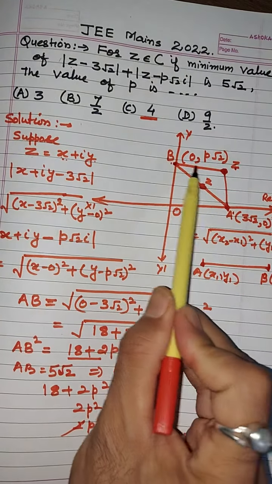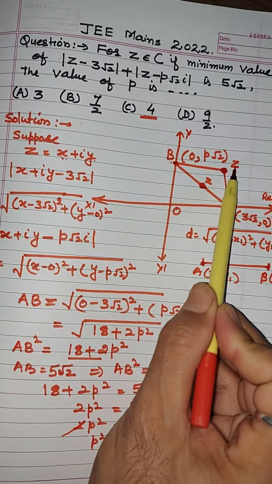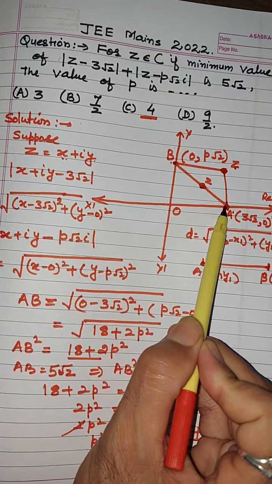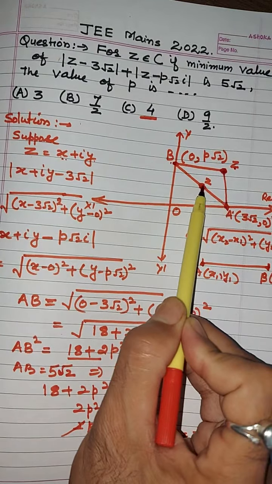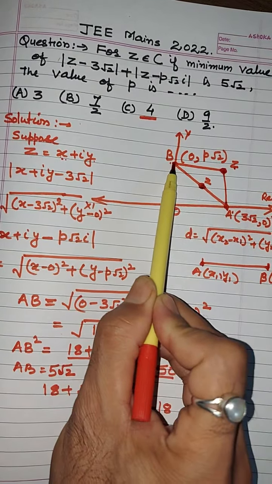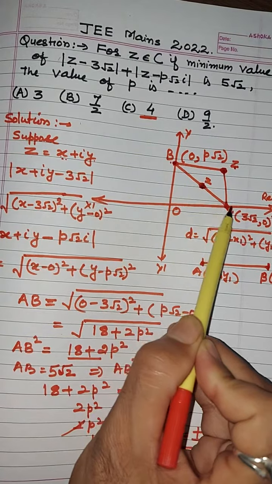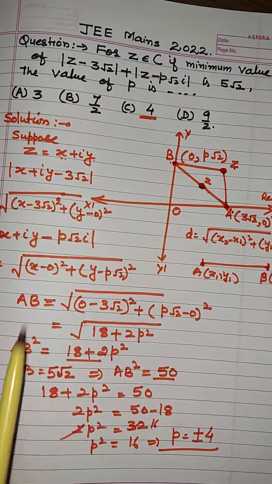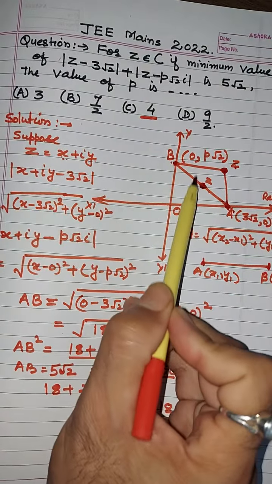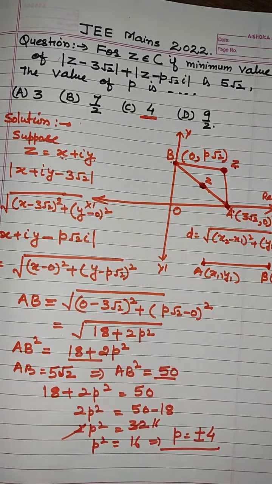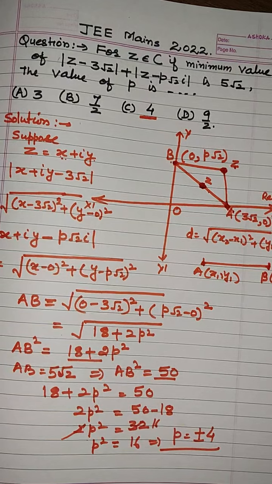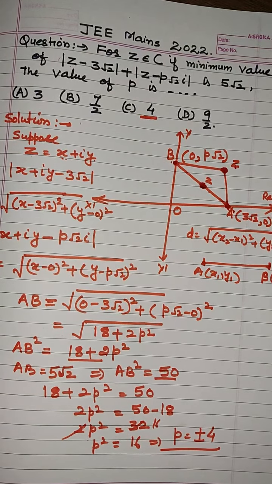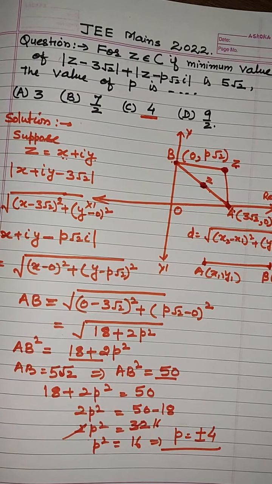And we know that the sum of two sides of a triangle is always greater than the third side. If this point lies on this line, then ZA plus ZB will be the minimum distance. So the minimum value will be AB, which is 5 root 2. So we can understand this question geometrically by the figure.